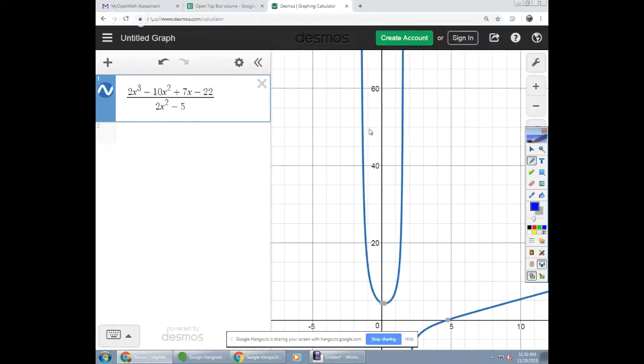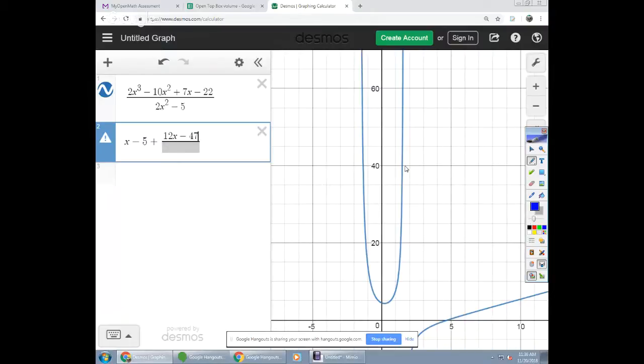And then our new one is x minus 5 plus a remainder of 12x minus 47 all over 2x squared minus 5, and they should sit right on top of each other, which they do.